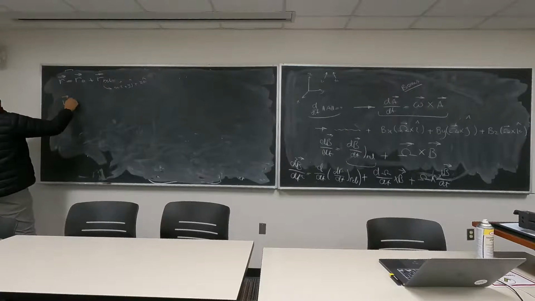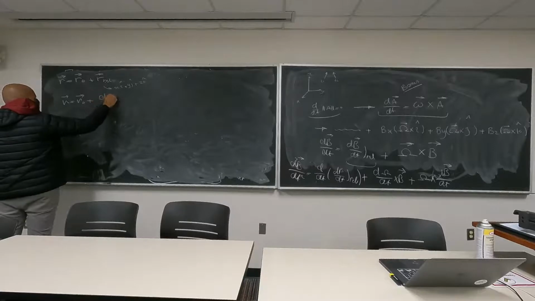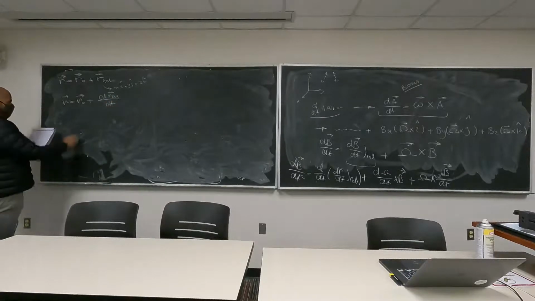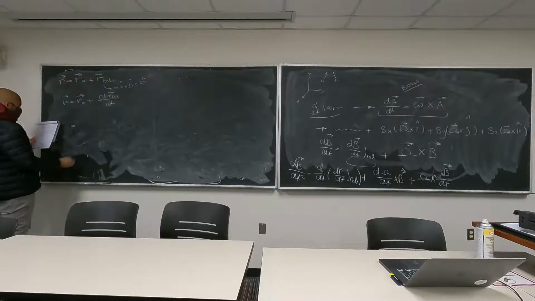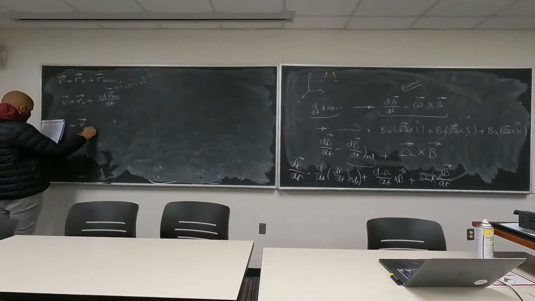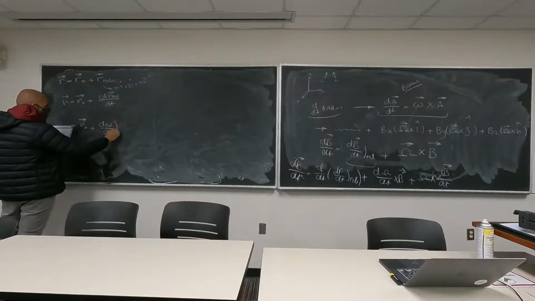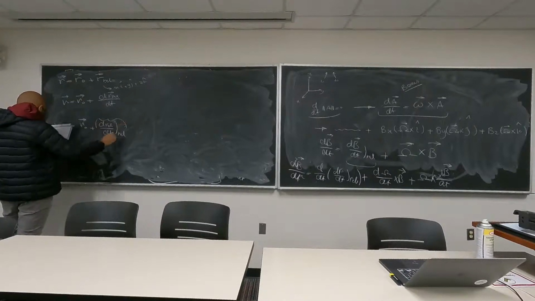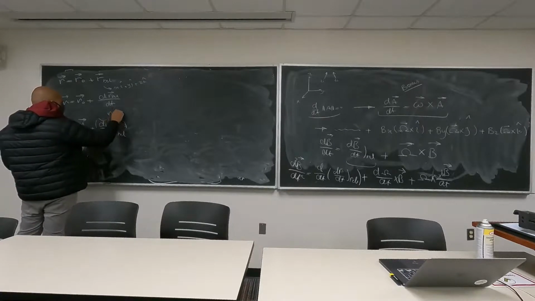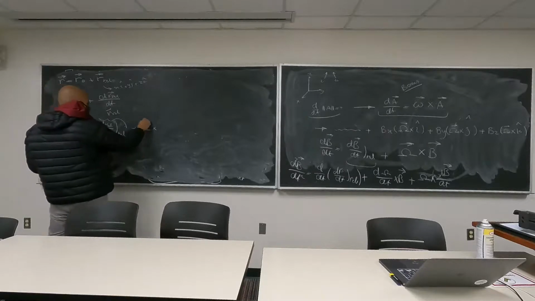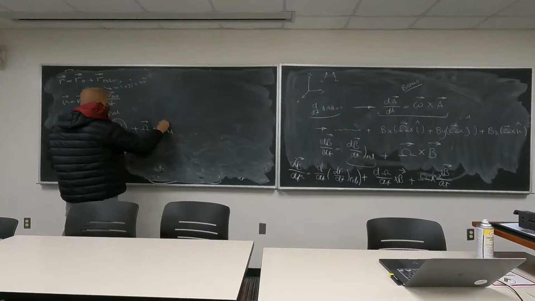For your velocity, you're going to have the velocity of the moving frame plus the derivative of your relative position vector, which essentially means that if you apply that analysis, your velocity is going to be v naught plus dr relative/dt, the relative time derivative, which we are going to call relative velocity, plus omega multiplied by your relative position vector.